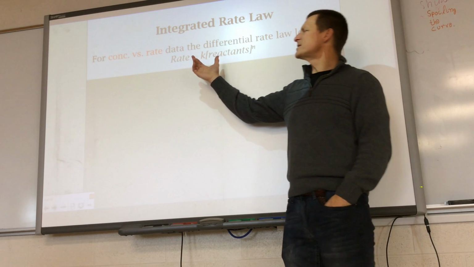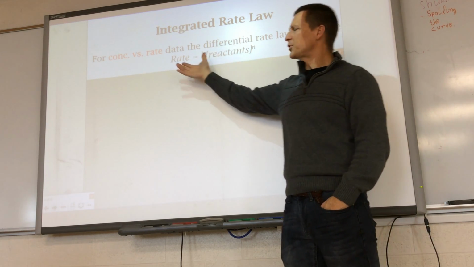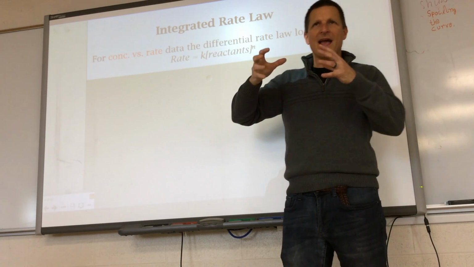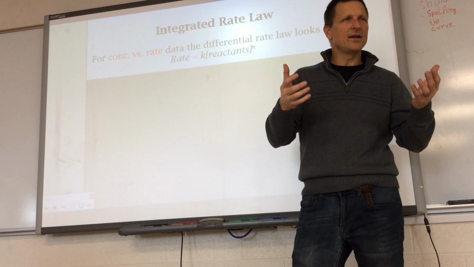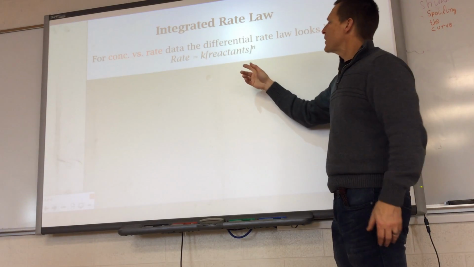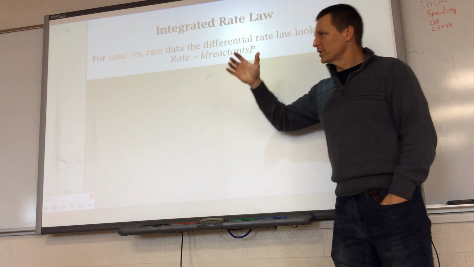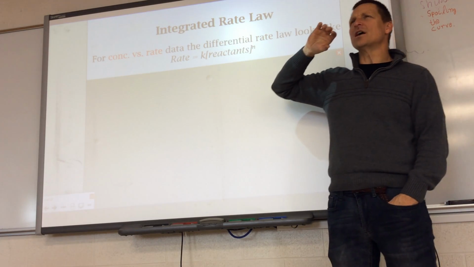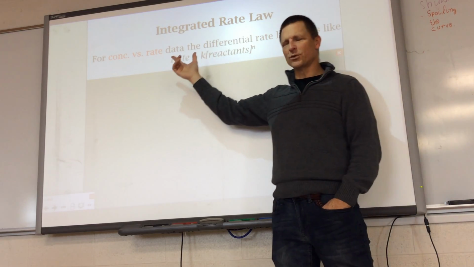If you increase the concentration of the reactants, the rate's going to go up. The more reactants you have in the system, the more frequently they're colliding, and the faster the rate goes. The exponent we call the order tells us how much the concentration influences the rate.